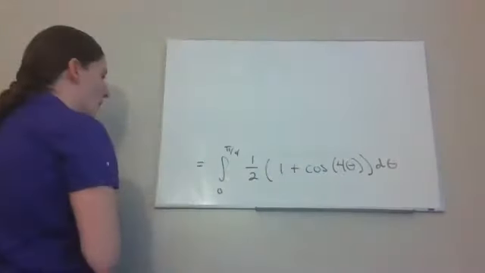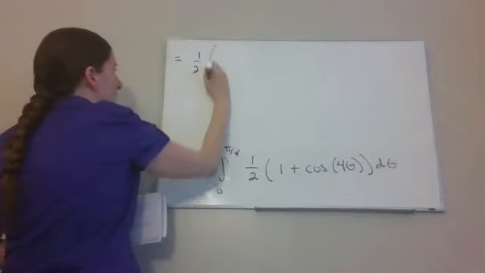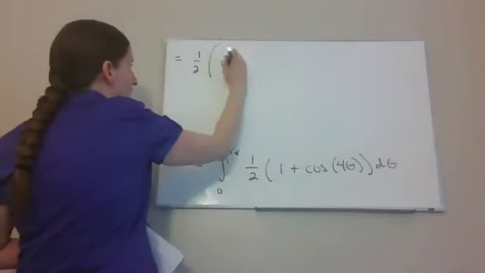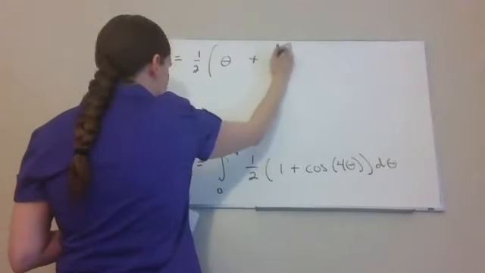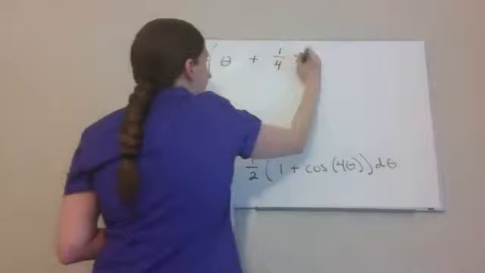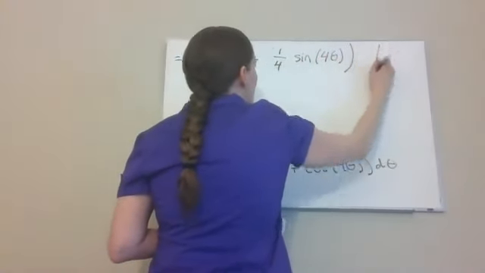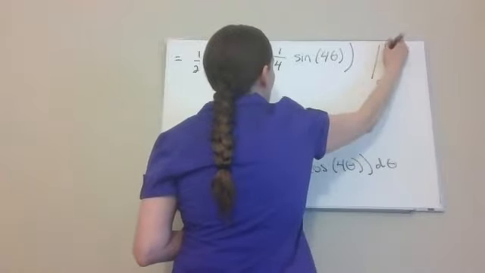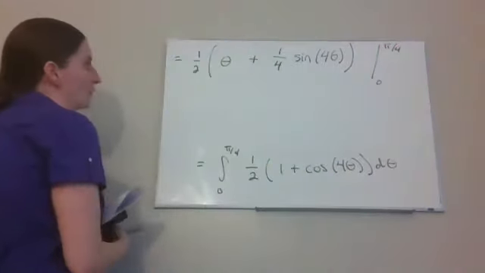So we're going to pull the 1/2 out. Antiderivative of 1 would be theta. Antiderivative of cosine 4 theta is a 1/4 sine of 4 theta. And then I'm going to plug in my 0 and my pi over 4 and have some subtraction.